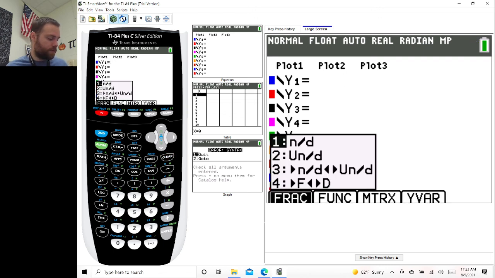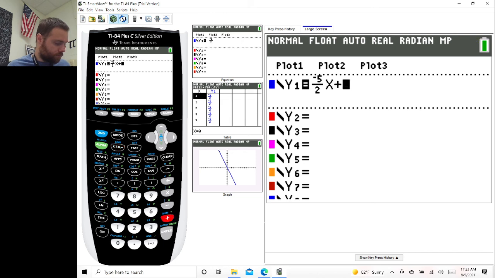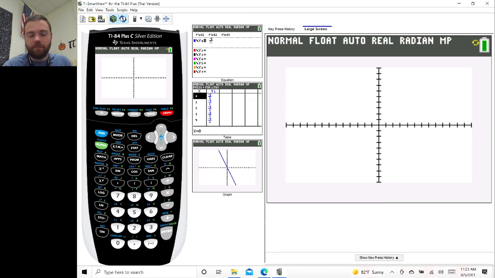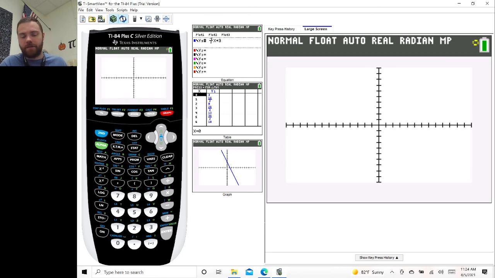So alpha y equals, and there it is. Oh, I meant to put positive. My bad, that was my mistake. There we go, now it's right. I just went over and deleted that negative. And there we go.